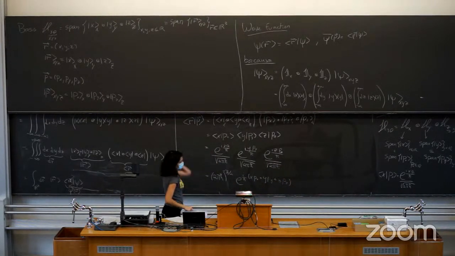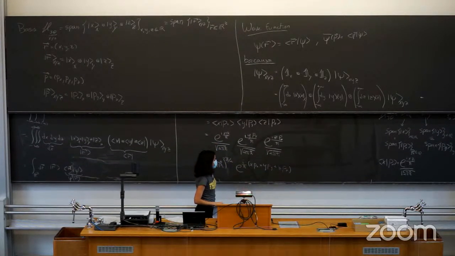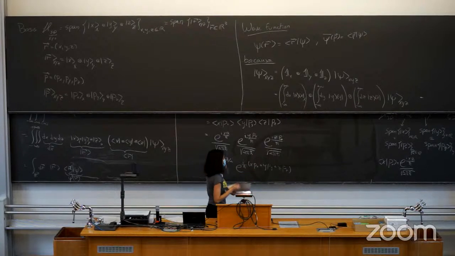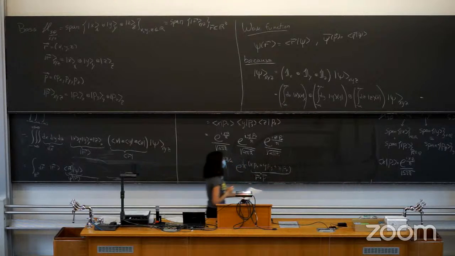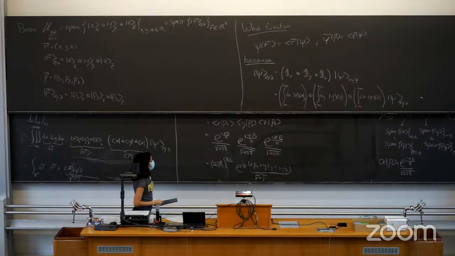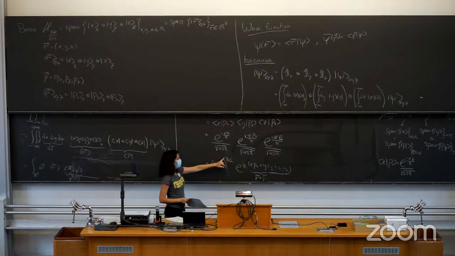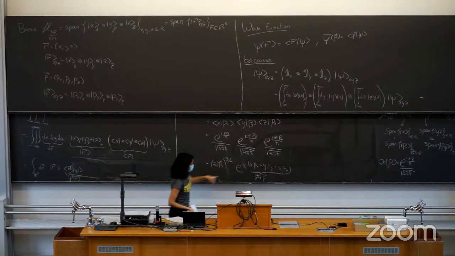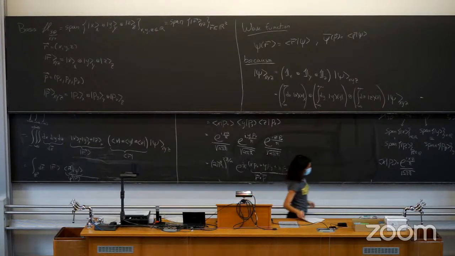But this thing here is just the inner product between our 2 vectors that we started with, the R and P. This is a dot in the middle, right? So the inner product between R and P is the normalization coefficient, now it's the cube of what it used to be, and then e to the i over h bar R dot P. So I'll just write it here, and then we move on.